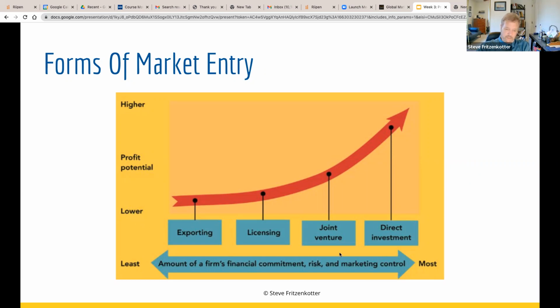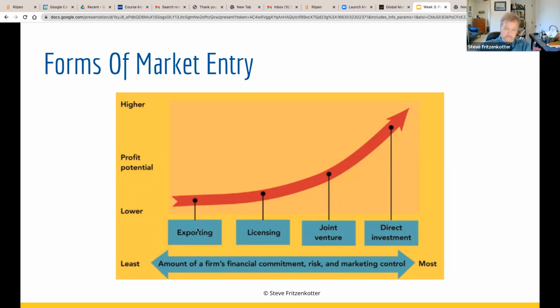Then across the horizontal axis, we have the firm's financial commitment or risk, if you want to call it that, and marketing control. So as you move across the spectrum from left to right, you have more market control, more of a commitment, and more risk because of the commitment. And then, of course, your profit potential. So with the higher profit potential, you have higher risk, more control.